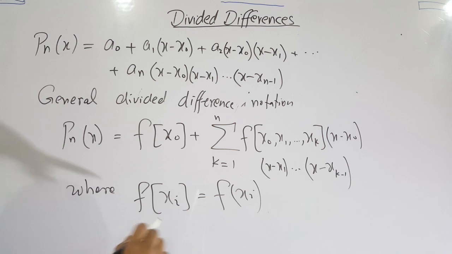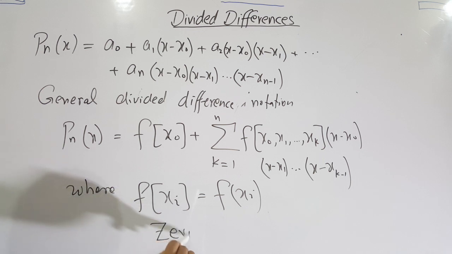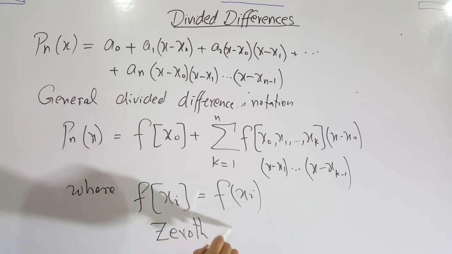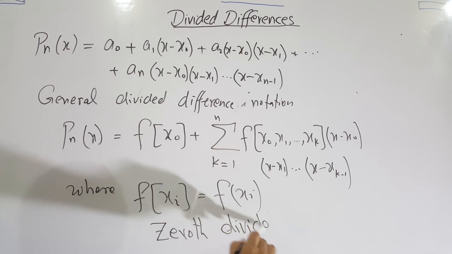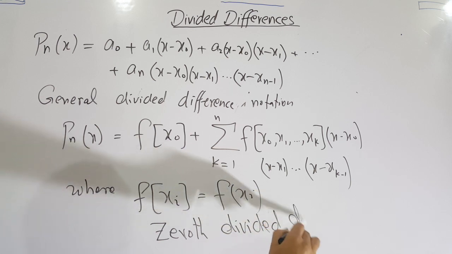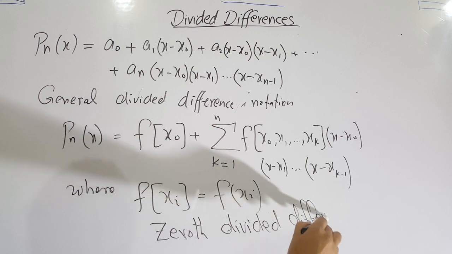This is called the zeroth divided difference.